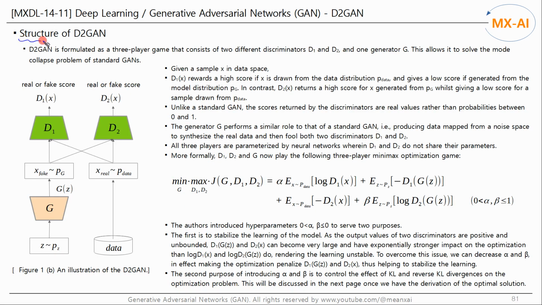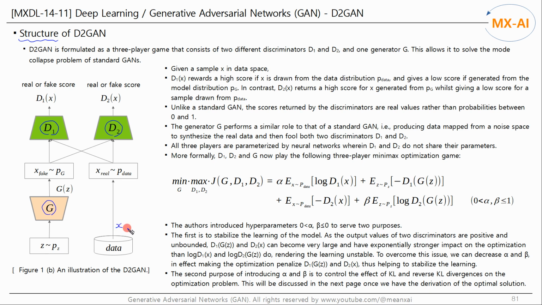Now, let's take a closer look at the structure of D2GAN. D2GAN is formulated as a three-player game that consists of two different discriminators, D1 and D2, and one generator G. This allows it to solve the mode collapse problem of standard GANs.